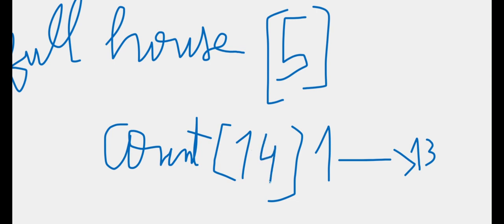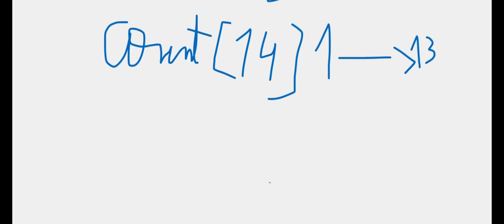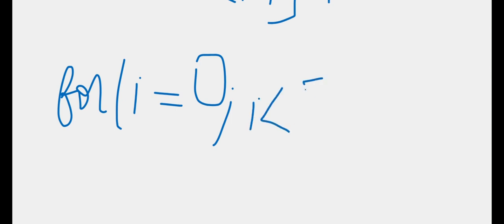Now I need to put a for loop with an integer i. It starts from 0 to 5, because I have 5 cards in a hand of poker, and the increment.